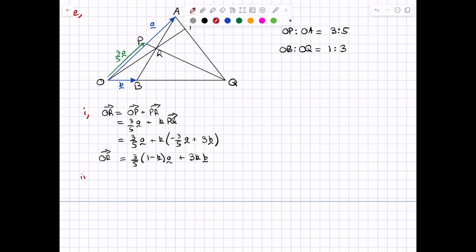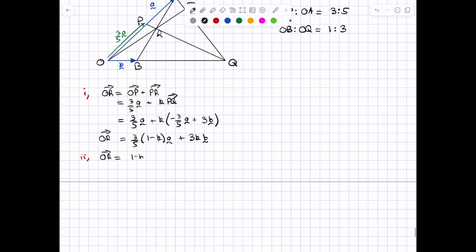Okay, so from the information given to us, we're told that OR equals (1 minus H) times A plus H times B. So now I have these two expressions for OR. I can equate those.